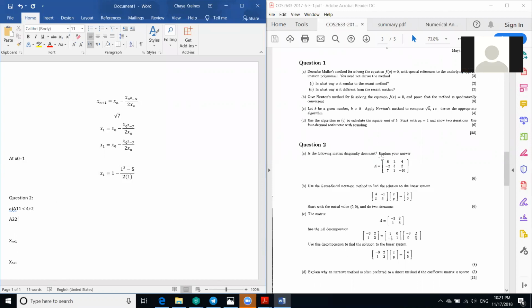A22 is bigger than 0, because we have minus 2 plus minus 2, bigger than minus 2 plus 2. And A33 is smaller than 7 plus 2.